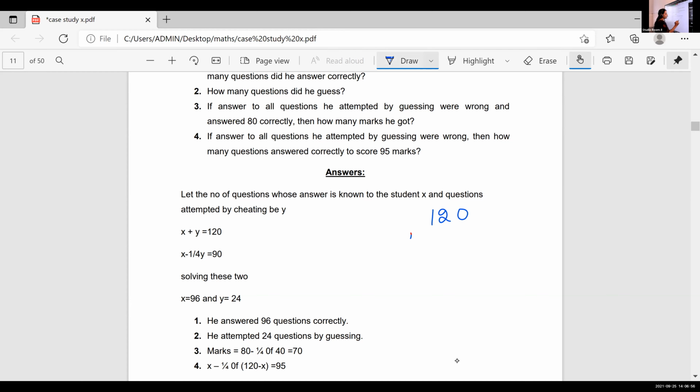So how many questions went wrong? 40. So in this case, what is the mark? For each of the 80 questions, he will get 1 mark, 80 into 1. And for wrong answer, we have to reduce 0.25, 40 into 0.25. So you'll get the marks. Is it correct? Yes, ma'am.